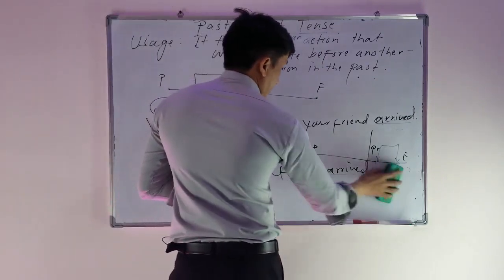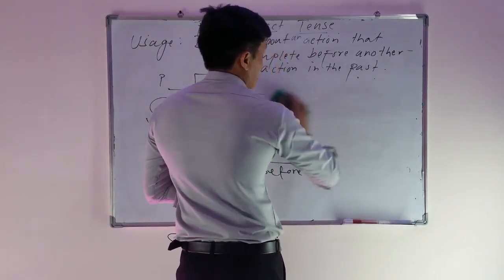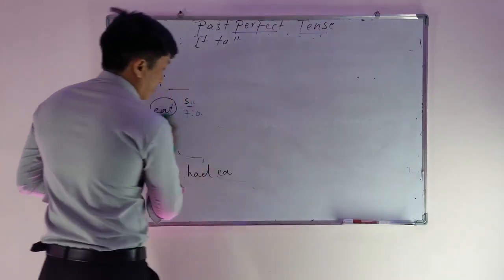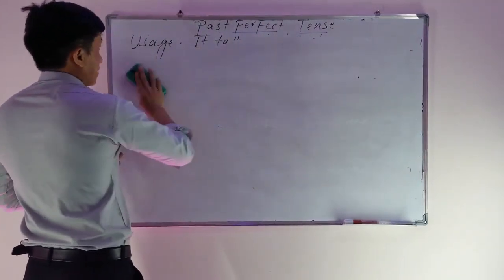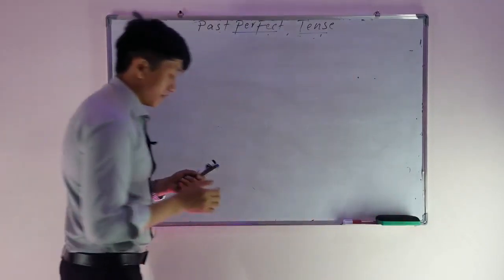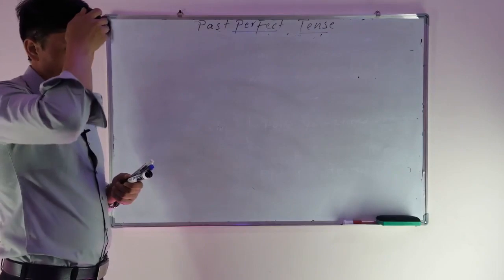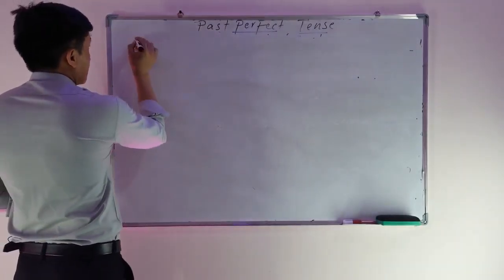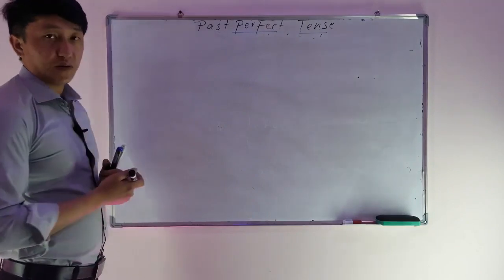Now there are some adverbs that we use with this tense. For example, we can use when, by the time, before and after. They are the conjunctions that we use here. For example, by the time is used with simple past.